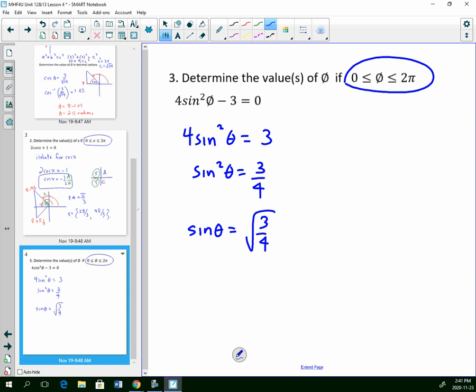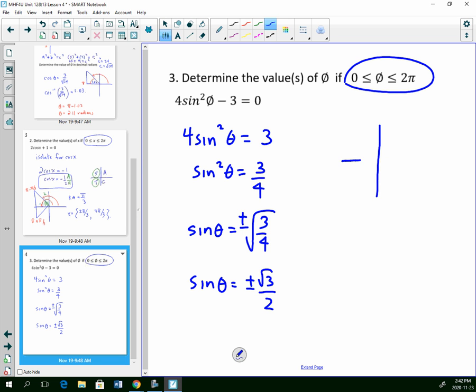And when you square root, you will always get a positive and negative solution. That is important. Whenever we square root a number, we could have a positive answer or a negative answer. I cannot square root 3, but I could square root 4. So sine theta ratio is positive root 3 over 2 or negative root 3 over 2.